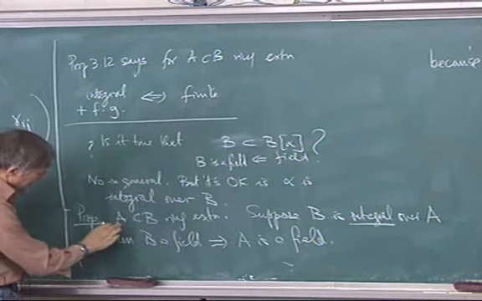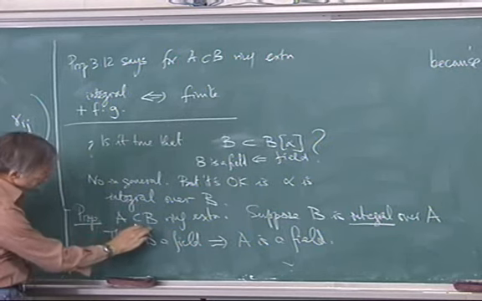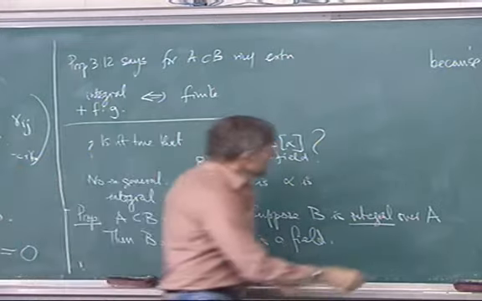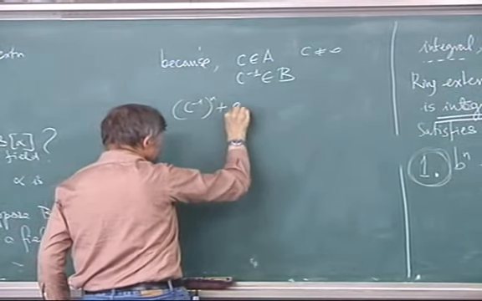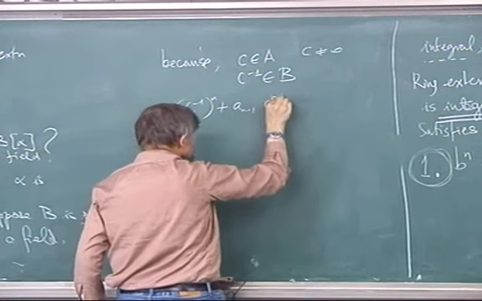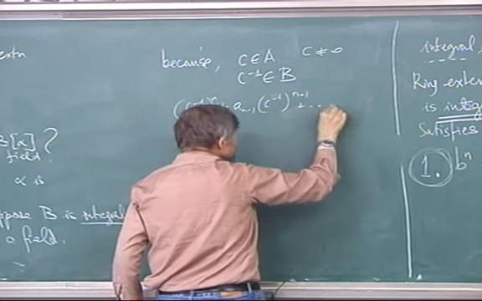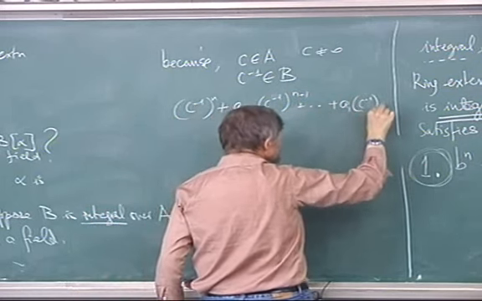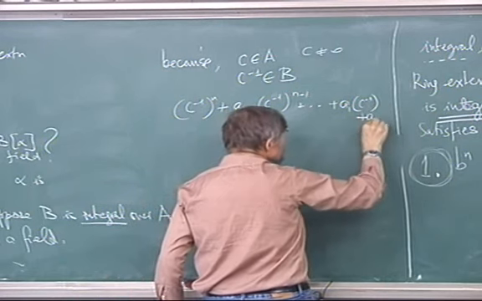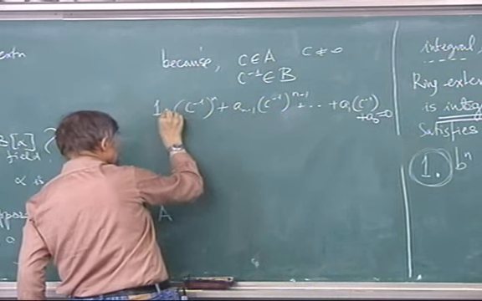If I take an element in A, maybe I don't know how to invert it yet in A, but I certainly know how to invert it in B. So then c to the minus 1 to the power of n plus a n minus 1 c to the power of n minus 1, and so on, and the important thing is this is still a monic relation.